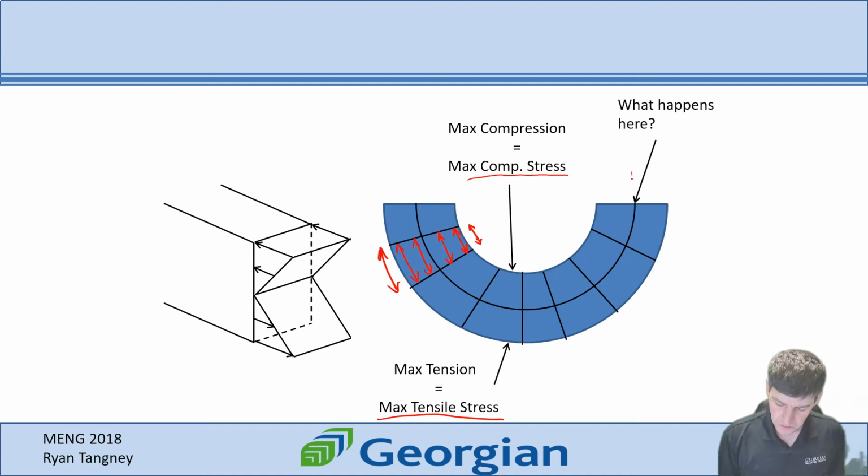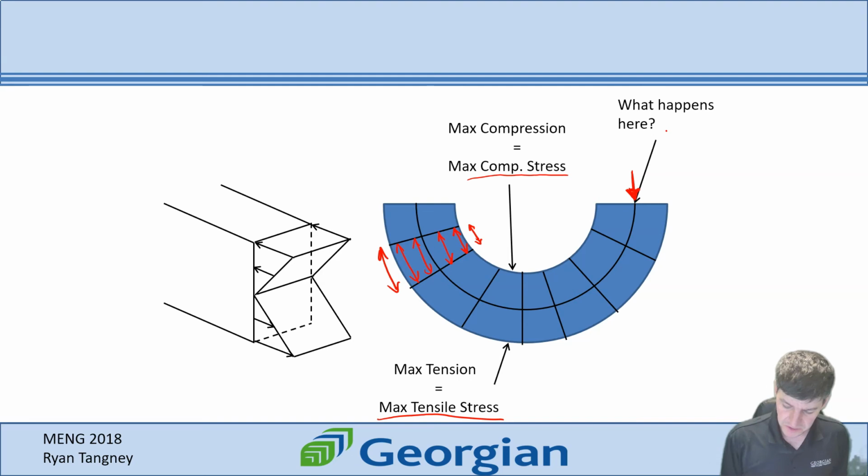One thing that usually we ask is, what happens right at the very center of the beam? Do I have any strain? And the answer is no. Somewhere in between it being the maximum compression and the maximum tension, I have nothing. So there's that transition point.